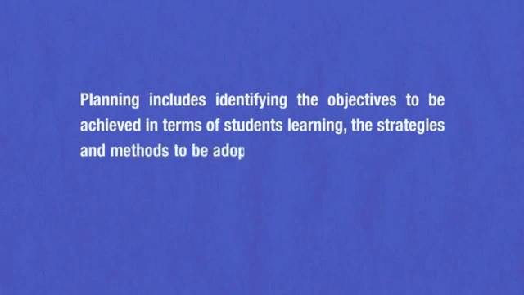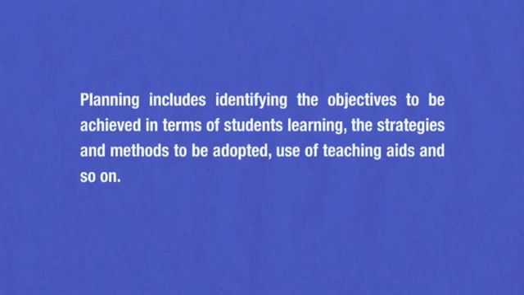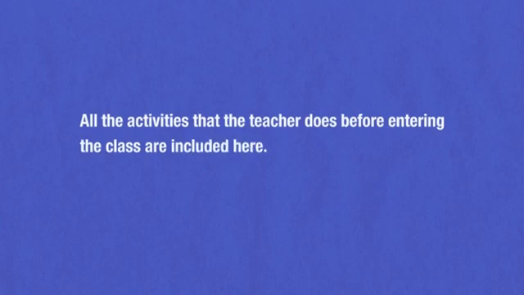Planning includes identifying the objectives to be achieved in terms of student learning, the strategies and the methods to be adopted, use of teaching aids, and so on. All the activities that the teacher does before entering the class are included here.